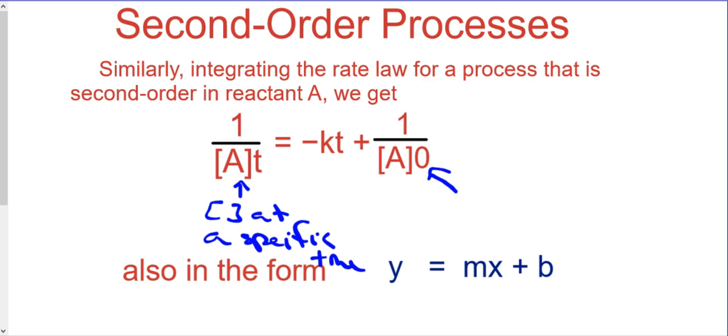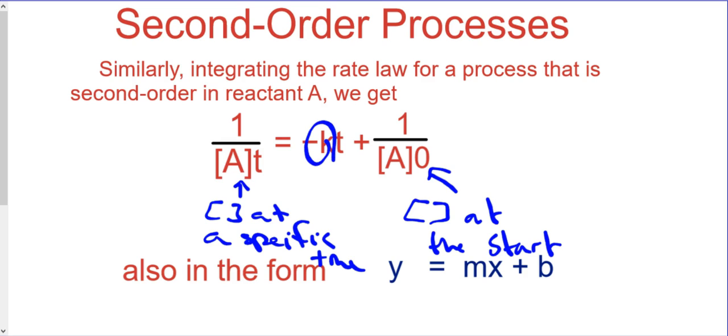[A] naught means the concentration at the start. k is your rate constant, and t is the specific time we're talking about.